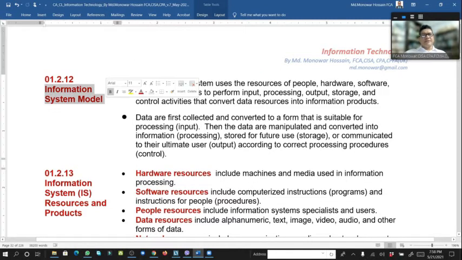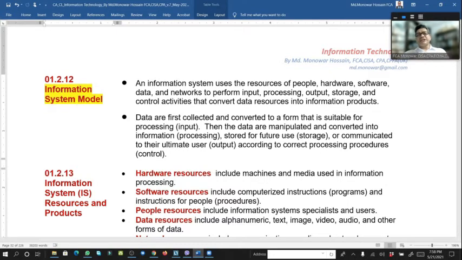Information system model. An information system uses resources, we know, people, hardware, software, data, network, etc., and produces through the input to the output, stores it, controls it, and that information product can be used for decision making for the top management. Data are first collected and converted to a form suitable for processing input.